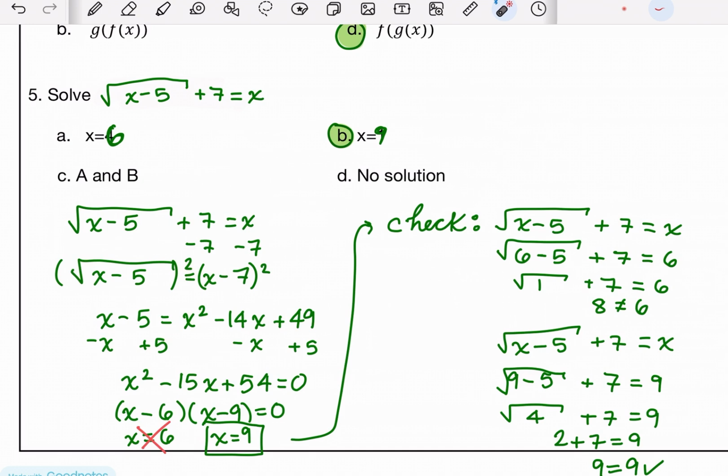Okay, so square both sides. That cancels out the radical symbol, and then you're left with x minus 5 by itself is equal to, dear goodness me, please do not mess this up. When you are squaring a binomial, remember that you're really writing it out as x minus 7 times x minus 7. You can bet your bottom dollar that there's going to be a question like that on the test.